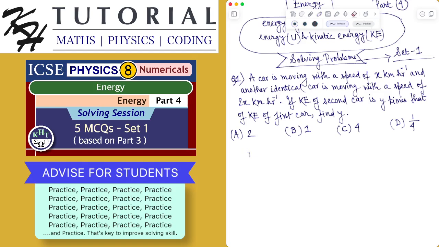So let's say the speed of the first car be v1, which is given to be x kilometer per hour.